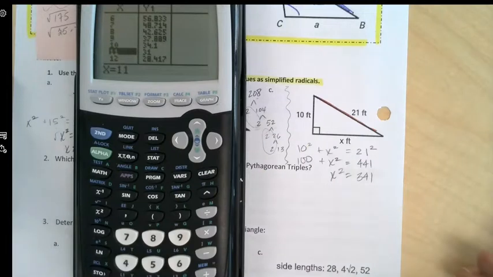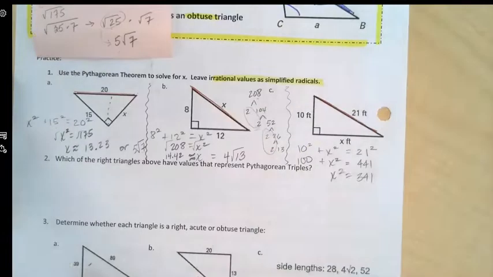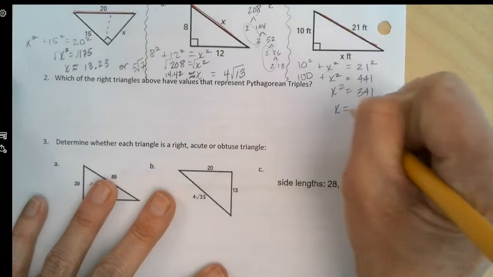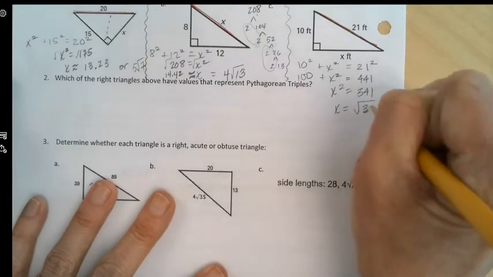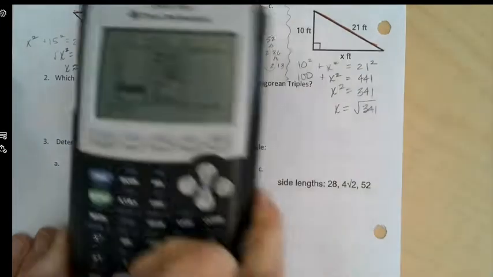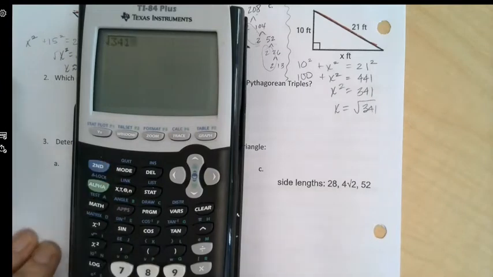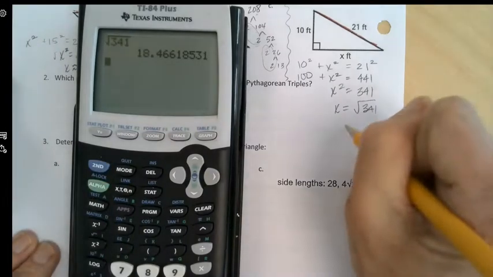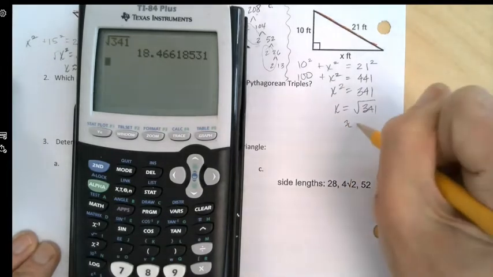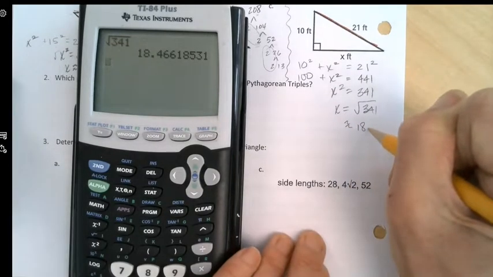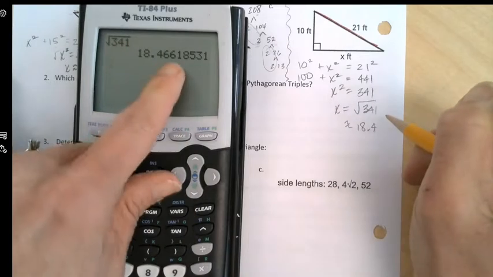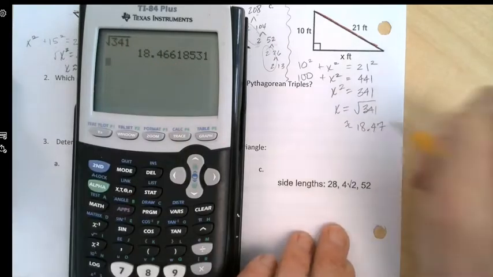So it's not prime, but it's not going to be able to be simplified. So my x has a value of the square root of 341. I can go ahead and estimate that value. Square root of 341 is about equal to 18.47.